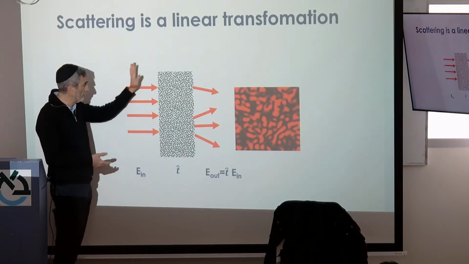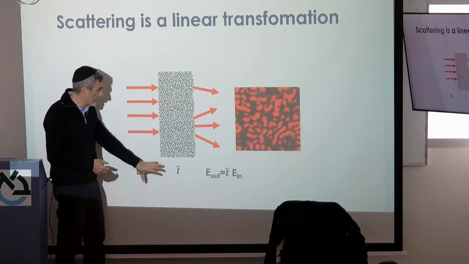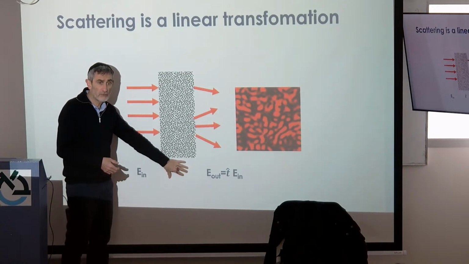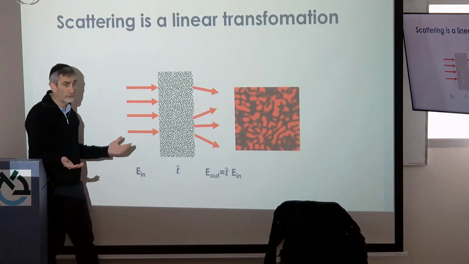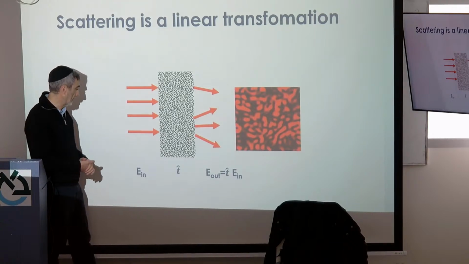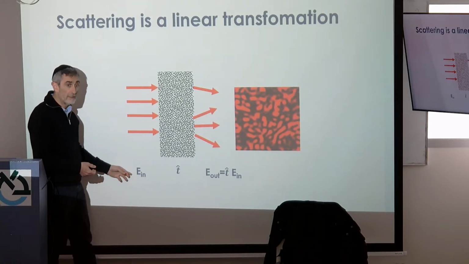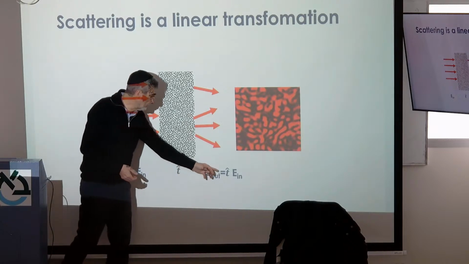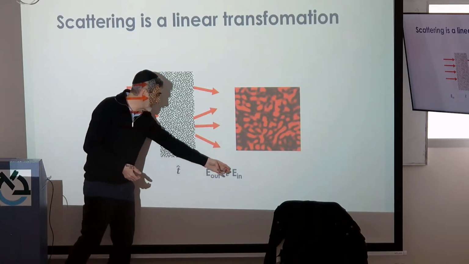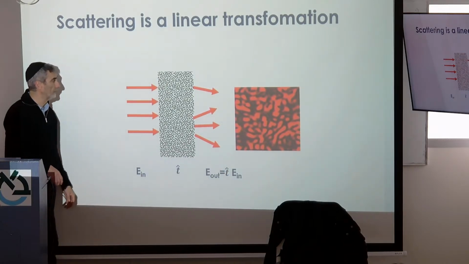So you can see the scattering medium as a transformation matrix. In that case it's a transmission matrix. You come with some incident field and you get an output field here. So it's a linear relation between input and output.